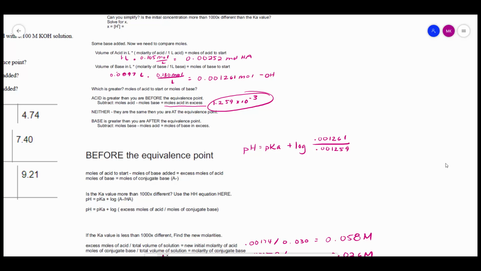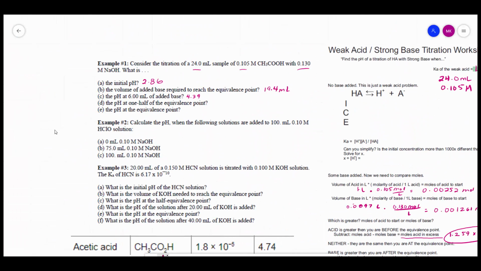So pKa is 4.74, and add that to the log of 0.001261 divided by 0.001259. So the log of that ratio is approximately 1. So pH is equal to pKa is equal to 4.74. So the pH at 1/2 the equivalence point is 4.74.